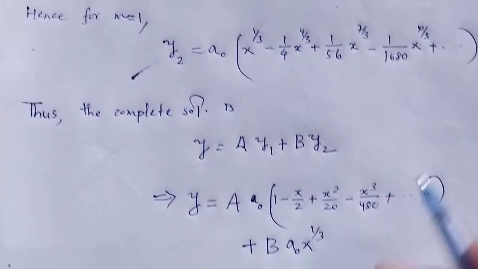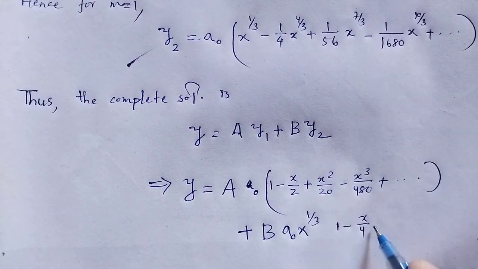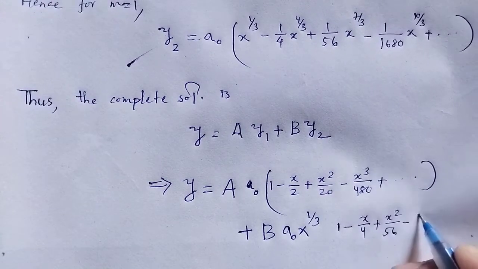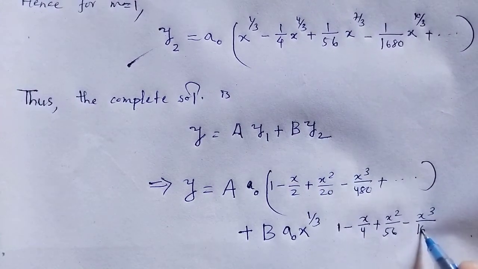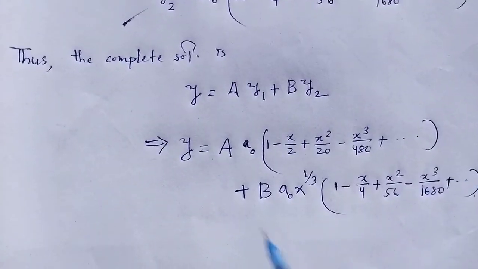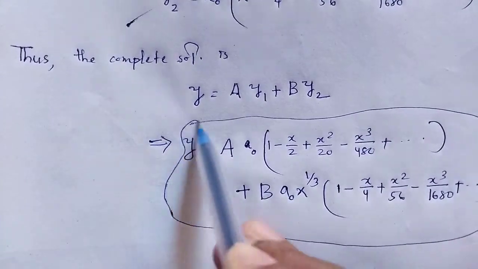Taking common here, we have 1 minus x by 4 plus x square by 56 minus x cube by 1680 plus dot dot dot. This is the complete solution of that given differential equation.